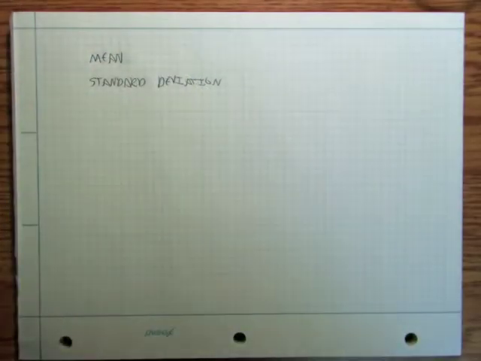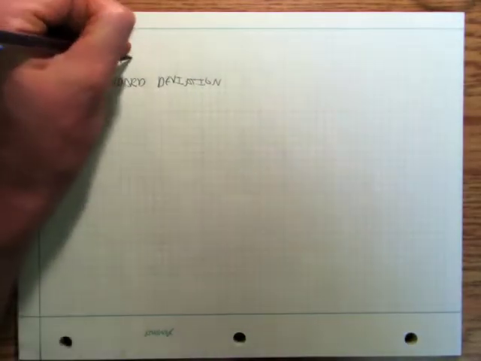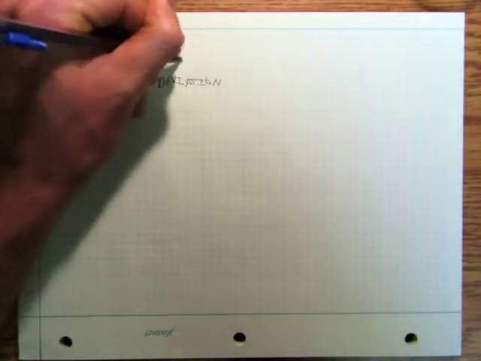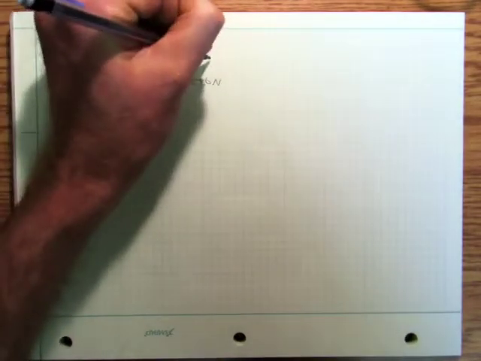So then algebraic stats: the mean is just the average.